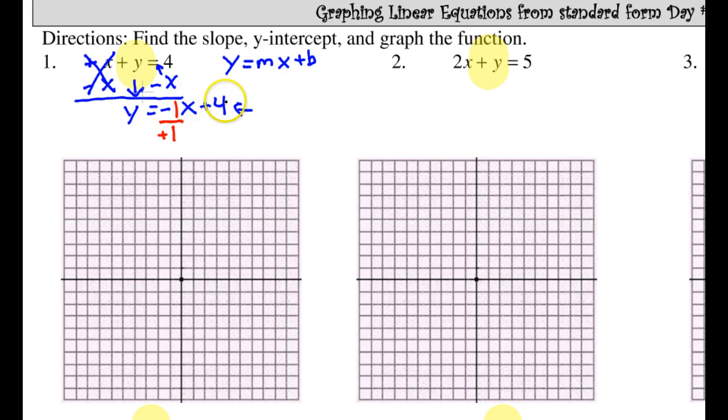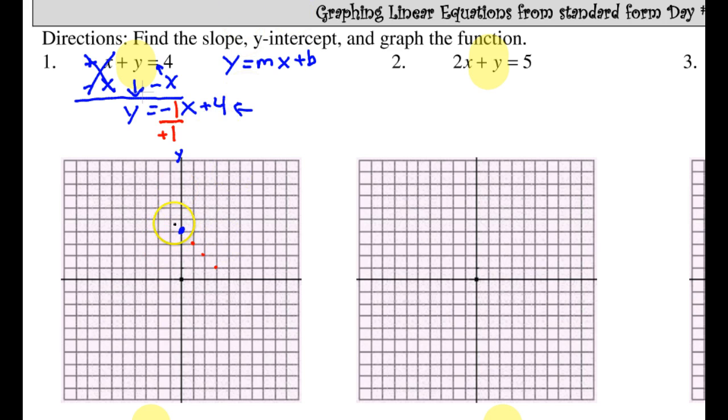So first we start with this number. That's our beginning point on the y-axis, the y-intercept, at positive 4: 1, 2, 3, and 4. And of course, use the slope, rise over run: down 1, right 1, down 1, right 1. Continue the pattern until you have enough points to make a nice straight line.